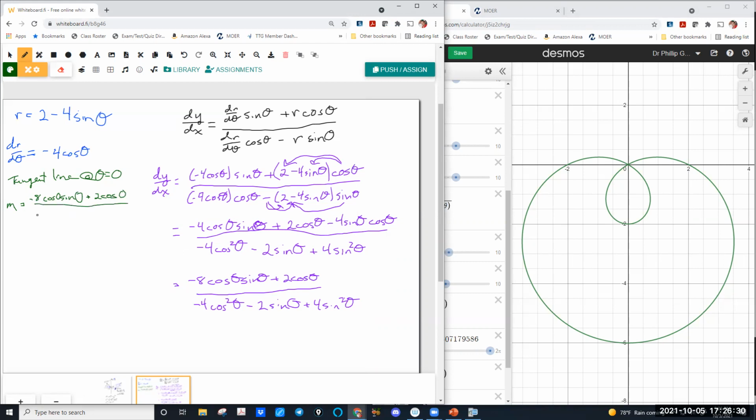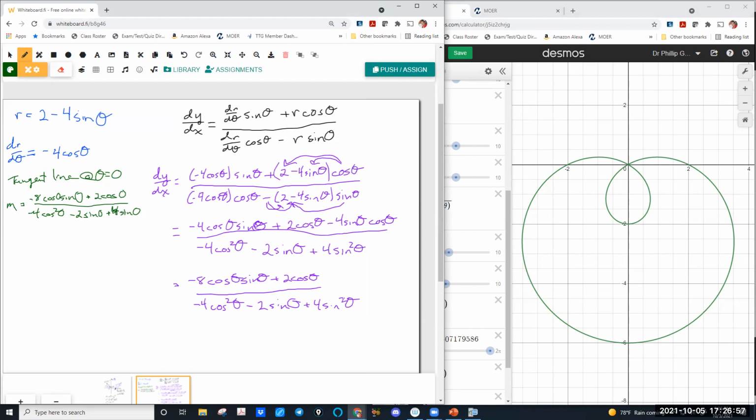Now down underneath, we got -4 cosine squared 0 minus 2 sine 0 plus 4 sine 0. Guys, when you're doing this, because you are going to do this in a little bit, have your unit circle available. It'll make it easier than dealing with decimals, actually. I know it may not seem like it, but it will.